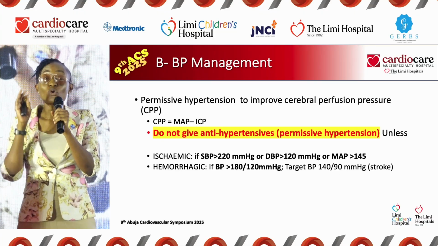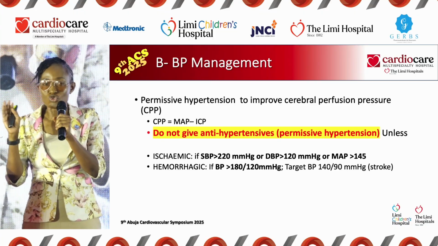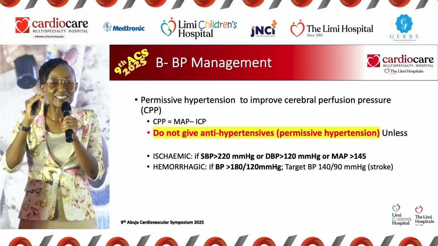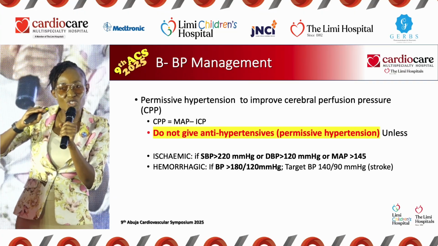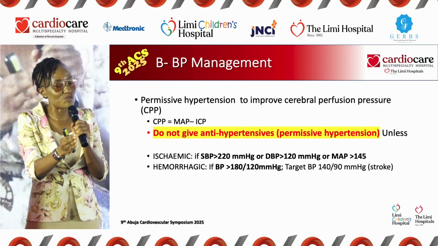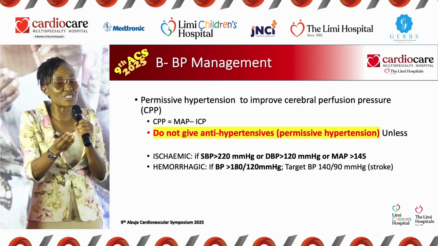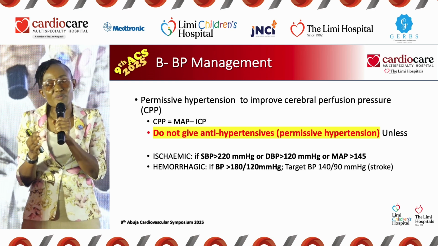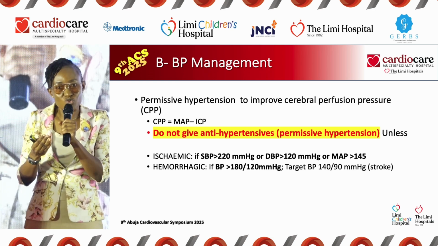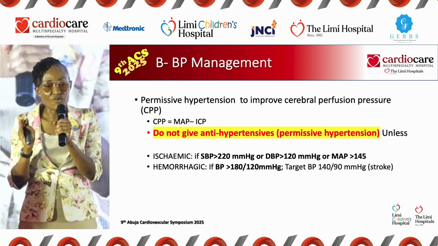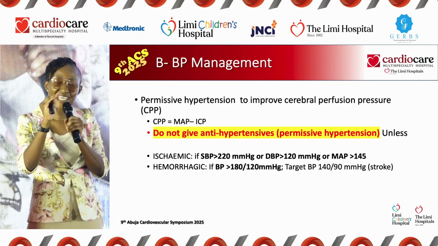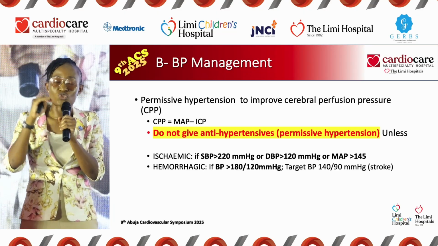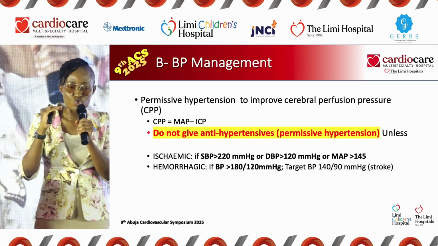And the whole idea is not to crash it, but to reduce it by 15% over 24 hours. What is 15% of 220? So what we're trying to do is to take it from 220, for example, to maybe like 200. Our goal is not to crash it, all right? Because we want that area that is salvageable to continue to receive perfusion.